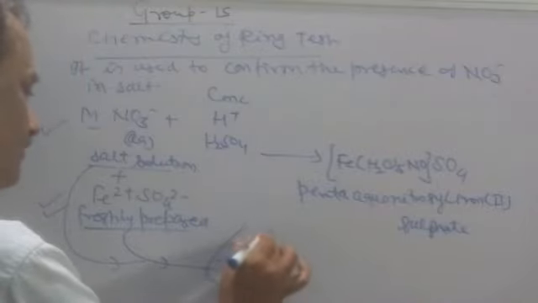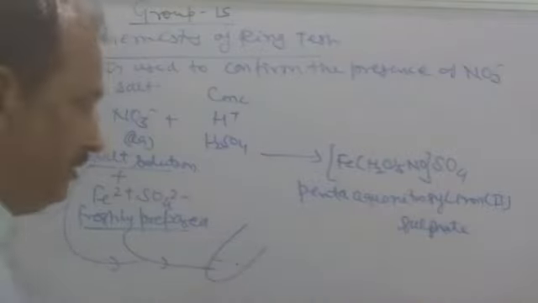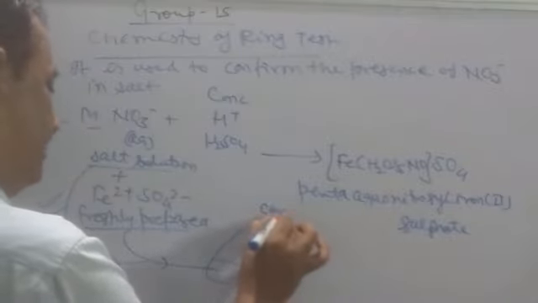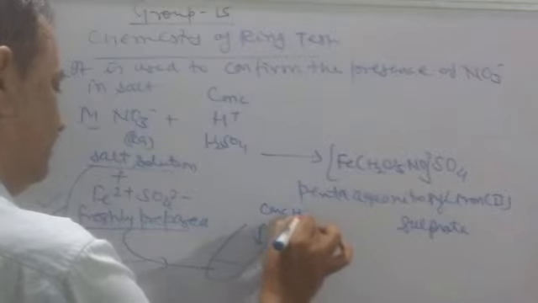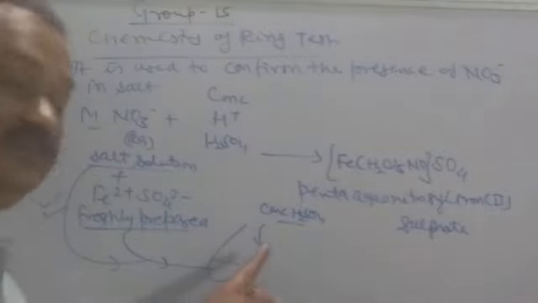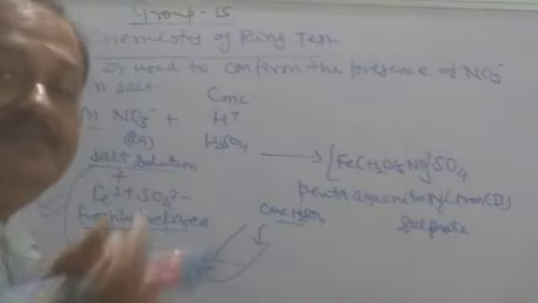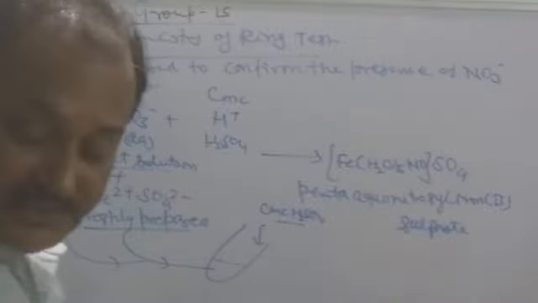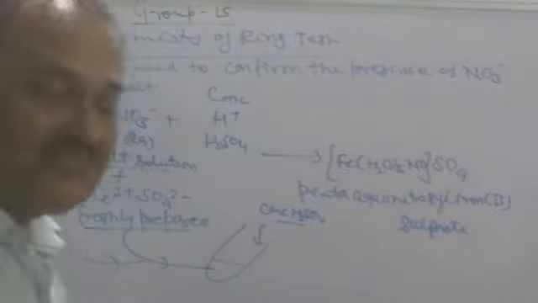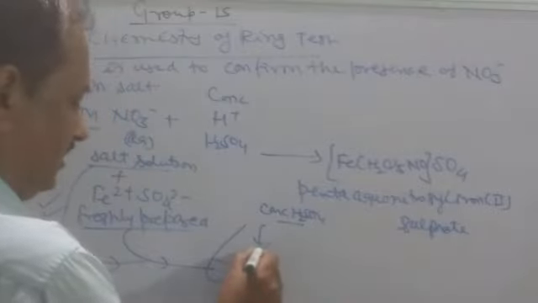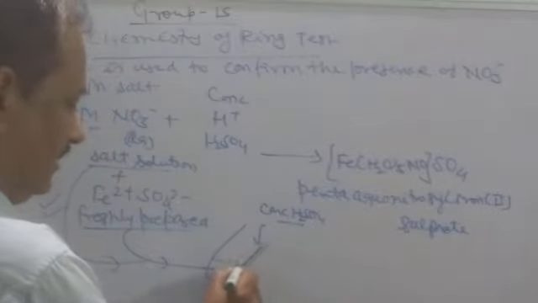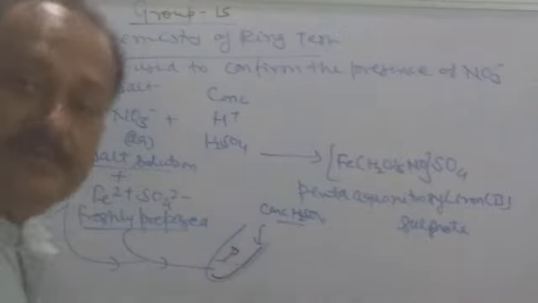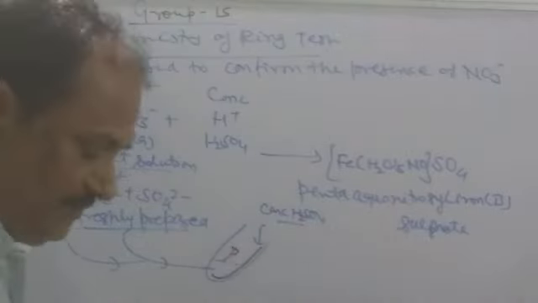Now with a dropper, we pour concentrated sulfuric acid just inside. Sulfuric acid is very heavy. So what happens? It descends down, it moves down in this manner, and it comes upward. So as a result, what happens?